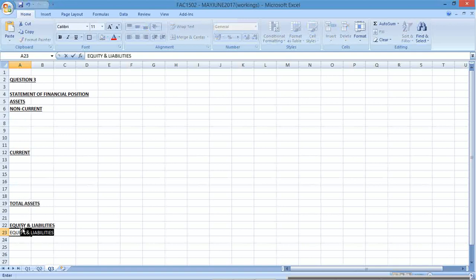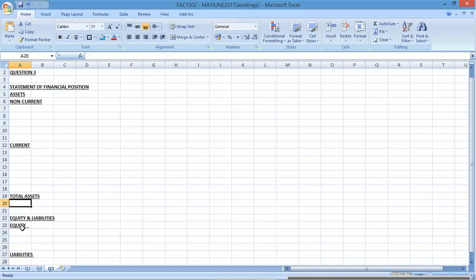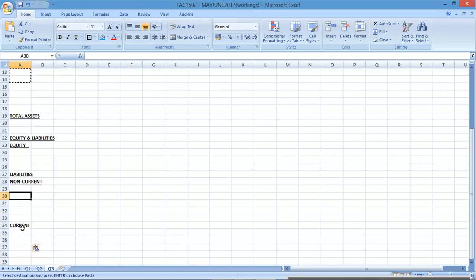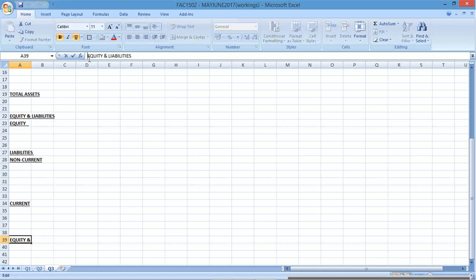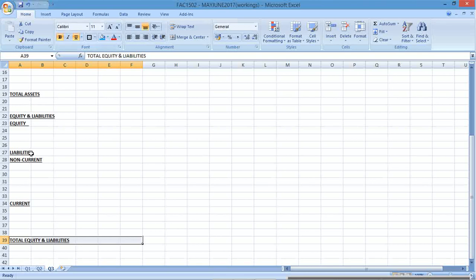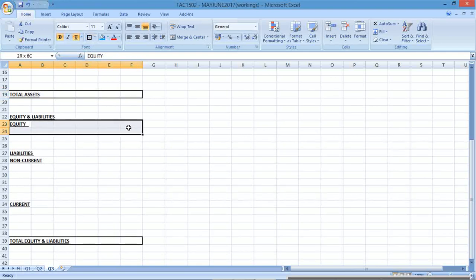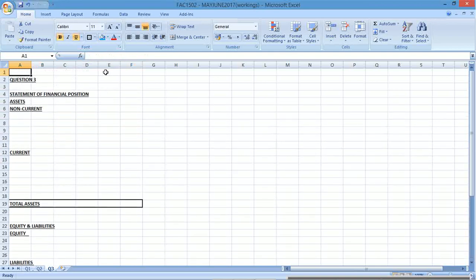Then we have equity on its own, then we've got liabilities, non-current and current, and then we'll have total equity and liabilities. Column there for the total, column here for the total. We can maybe put columns here, but no, it'll look a bit funny. Let's just highlight it. I'll highlight it later when we do the totaling. Okay, there's the first bit.